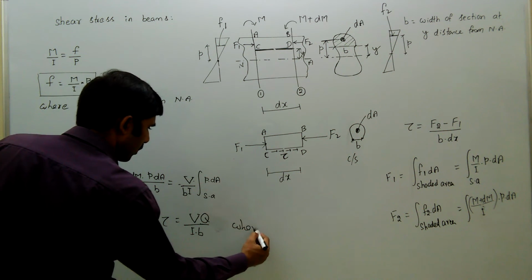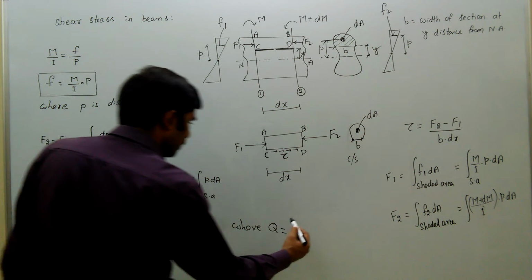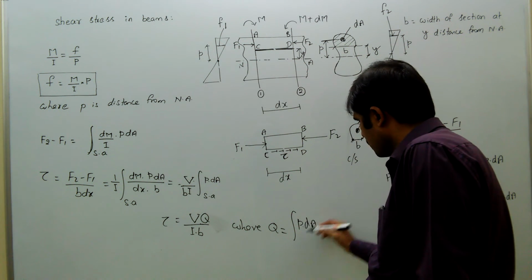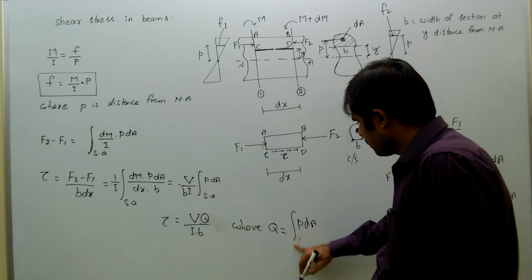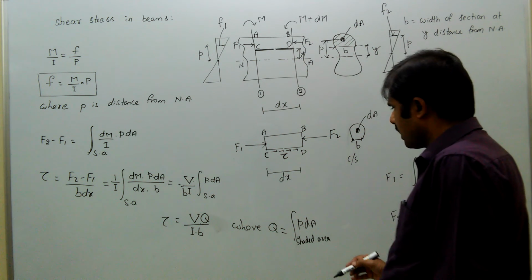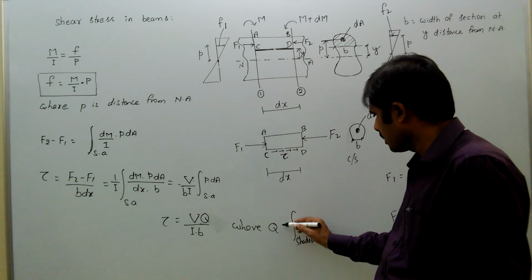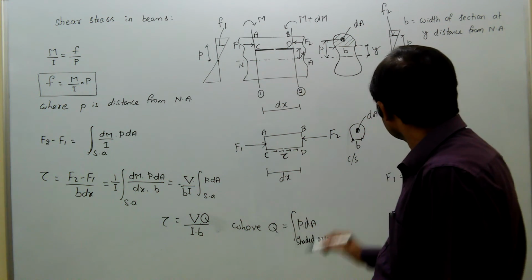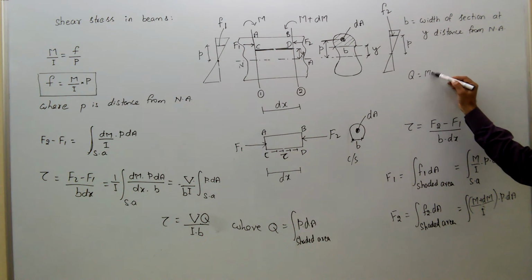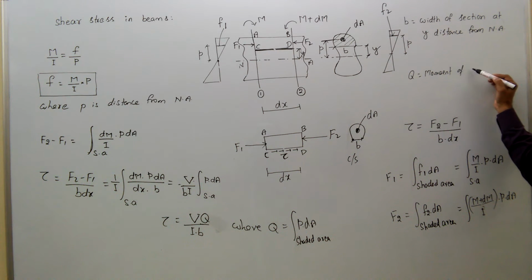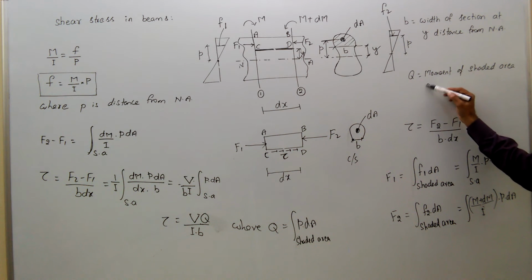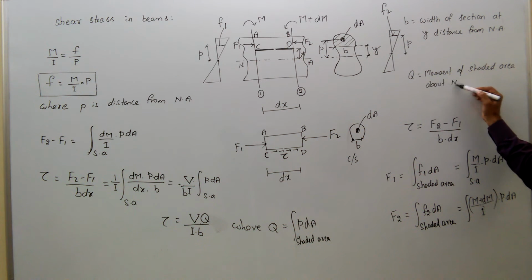Where Q equals integral of p dA over the shaded area, that is, Q is the moment of the shaded area about the neutral axis.